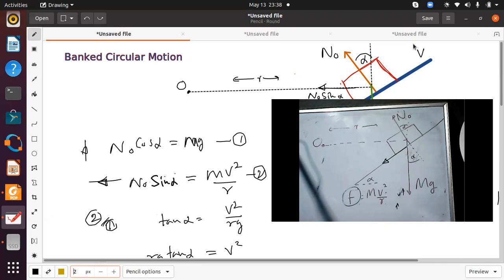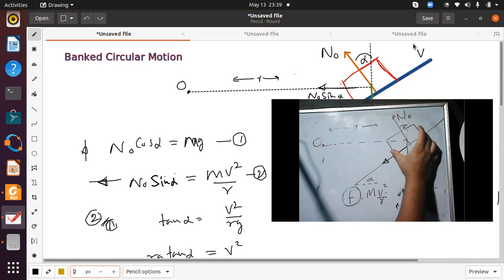Okay. So, when the velocity decreases below the optimum velocity or the design velocity, and also to maintain the car in the same track, the force must decrease, right? So what happens?